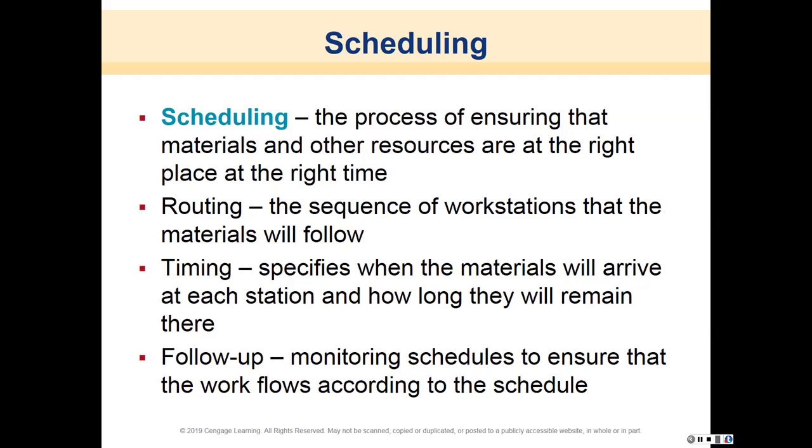We either need to make sure that we're routing things in the right sequence, or that we're scheduling workers to be at stations at the right time so that it arrives at the ovens at the right time, etc. So that's just keeping track of schedules and the timing of how products are going through the production process to make sure that we don't have any choke points, keeping that from working.